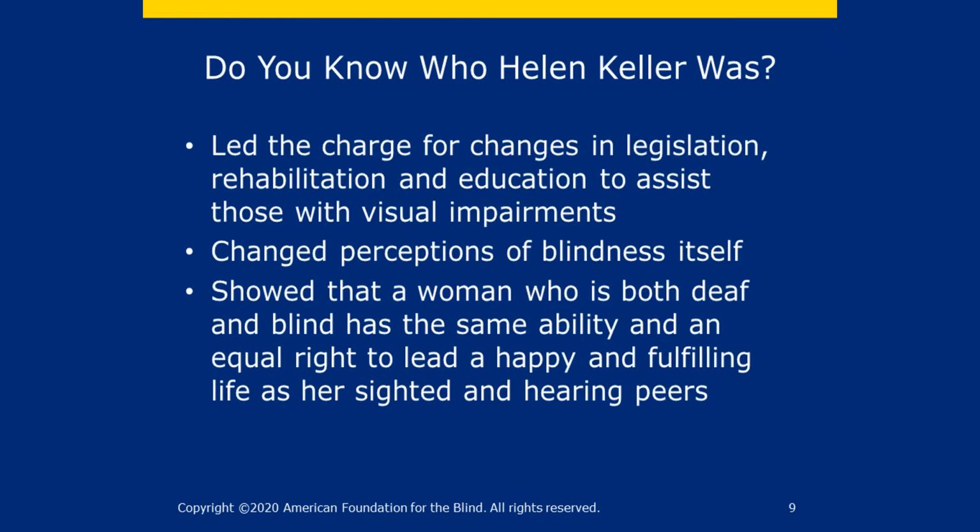Helen Keller led the charge for changes in legislation, rehabilitation, and education to assist those with visual impairments. And very importantly, she changed perceptions of blindness itself. She showed that a woman who is both deaf and blind has the same ability and an equal right to lead a happy and fulfilling life as her sighted and hearing peers.